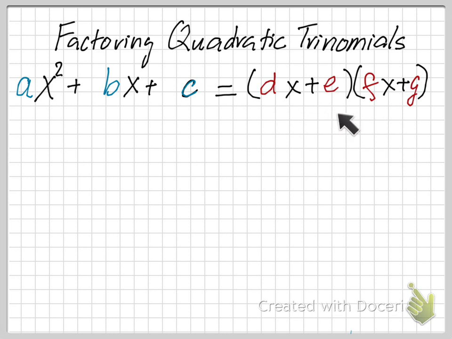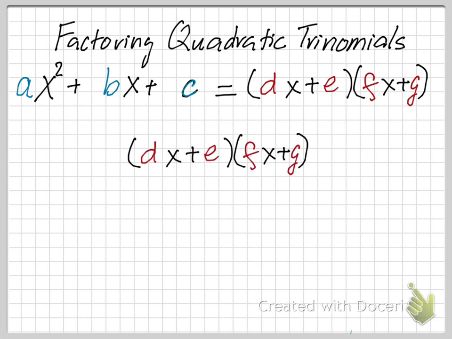The first factor is a binomial with two terms, dx plus a constant e, and the second factor is fx plus the constant g. Keep in mind that d, e, f, and g are constants that we're looking for in order to complete this factoring process.